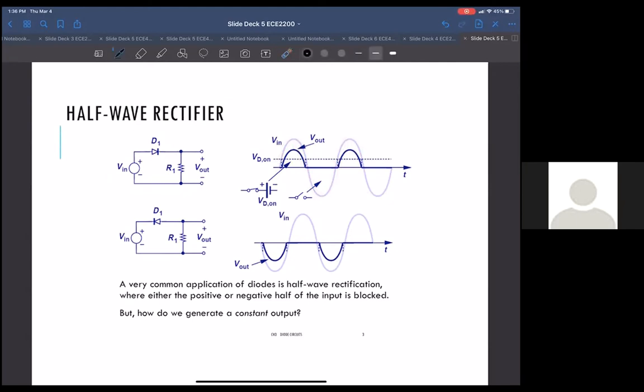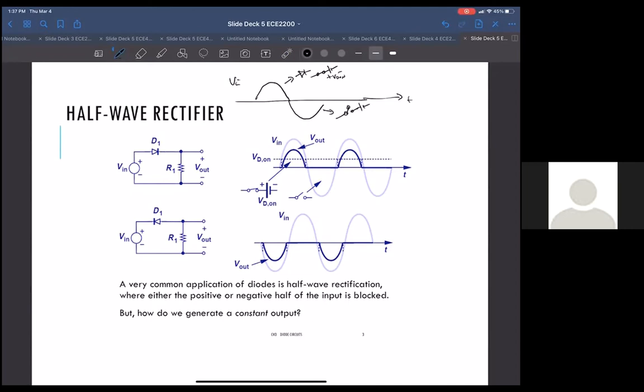So when Vin is on a high cycle, the diode becomes a closed switch, and when the input is on a negative going cycle, so this is Vin versus time, the diode turns into an open circuit.